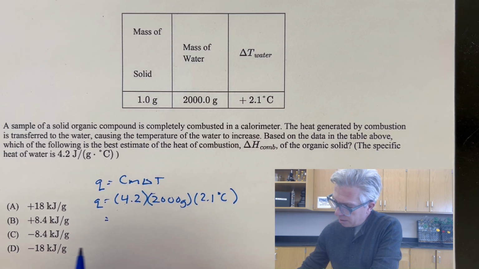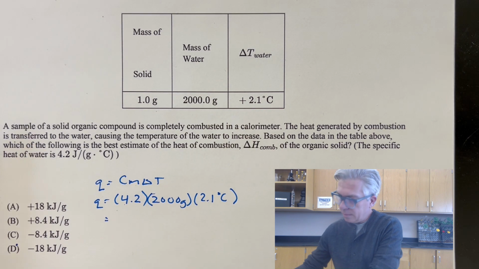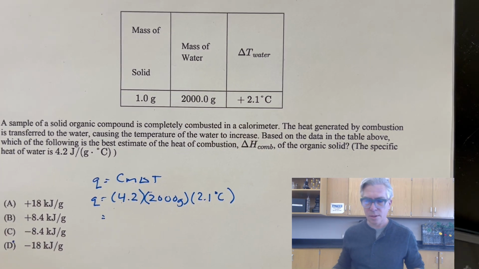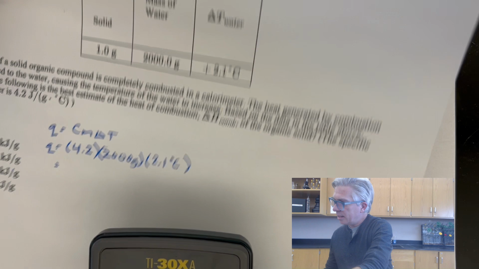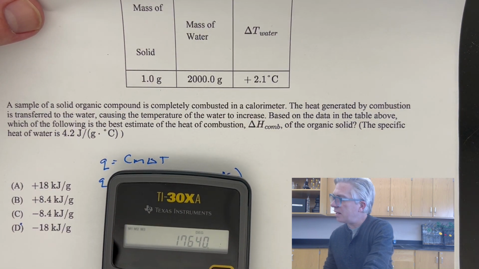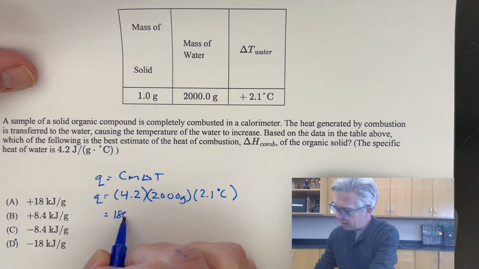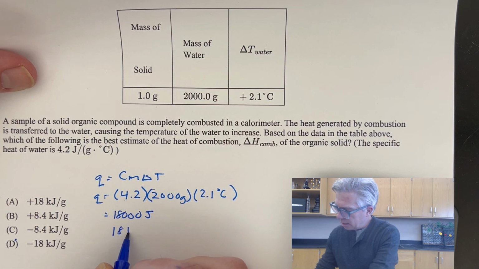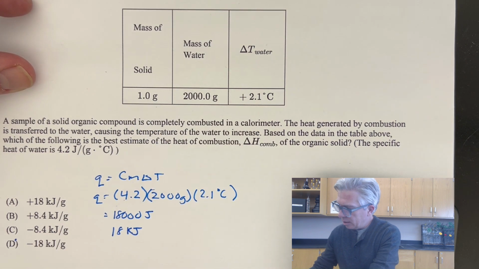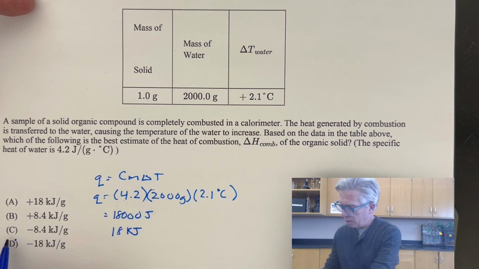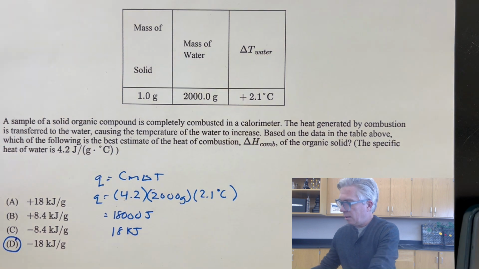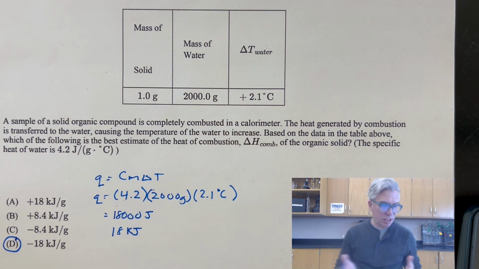And then I divide it by the 1 gram, and a couple taps of the calculator, I get about 17,640, which is about 18,000 joules. That's about 18 kilojoules, and that is per the 1 gram that was combusted. So we're looking at kilojoules per gram as our unit for that one. Again, it's an estimate, so just get close and pick the appropriate choice.